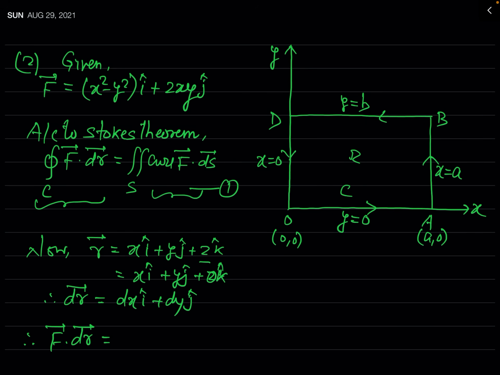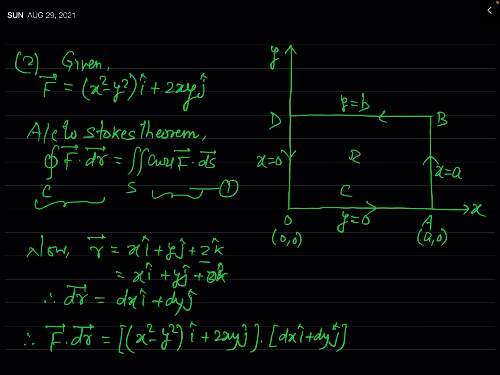Let us see. F is given here: (x square minus y square) i plus 2xy j. This is your F, and dr, as you can see, we have obtained is dx i plus dy j.